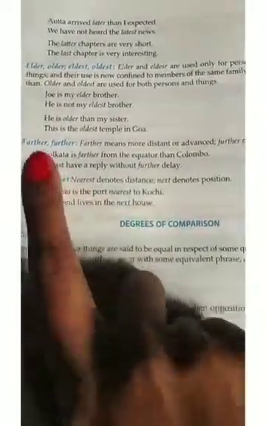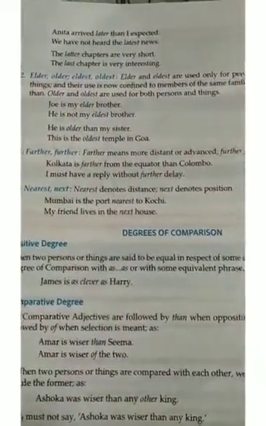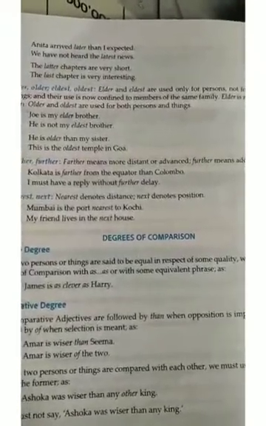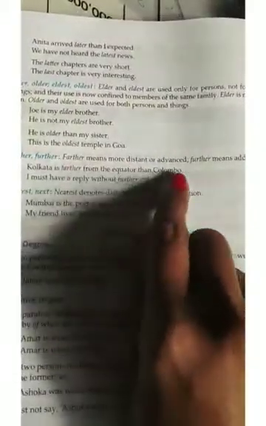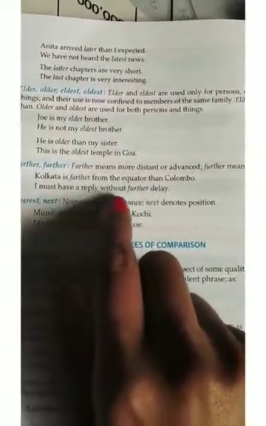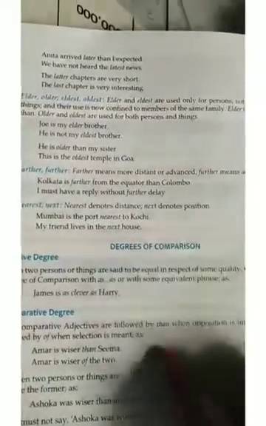The next point is farther and further. Farther means distant or advanced, and further means additional. Kolkata is farther from the equator than Colombo. It is showing distance on the map. And I must have a reply without further delay. So there should be no delay.